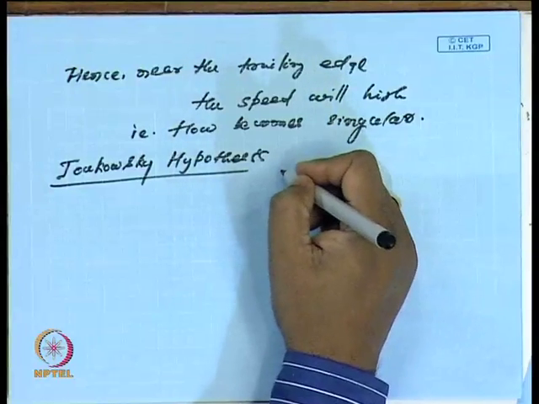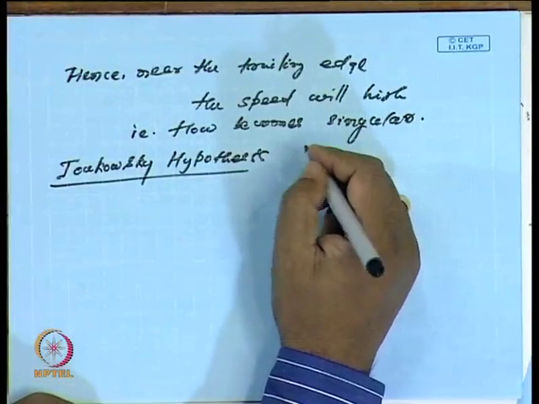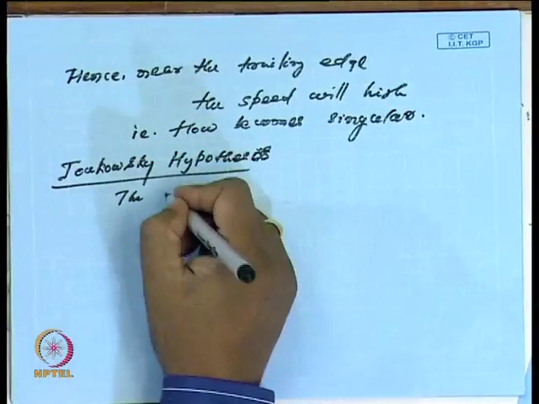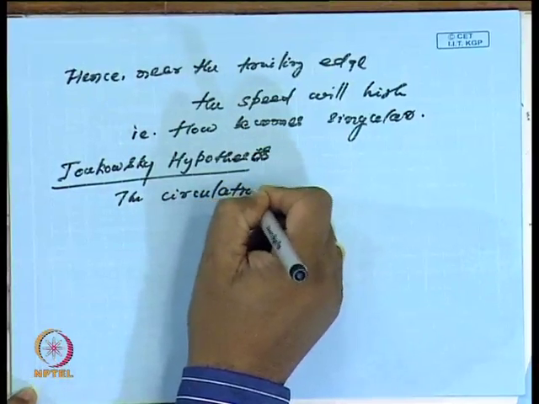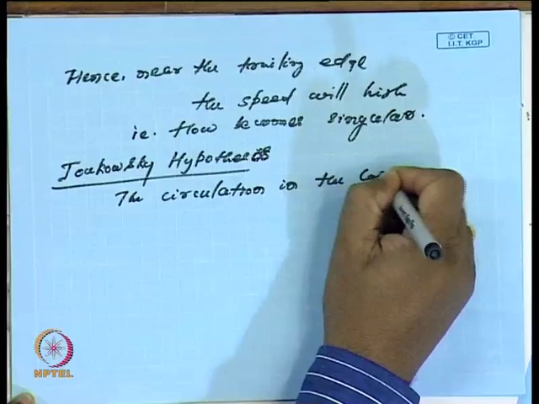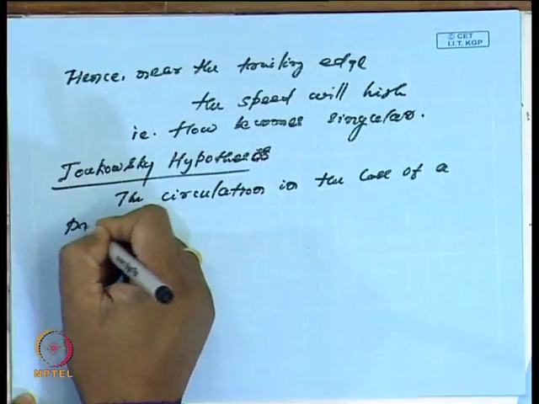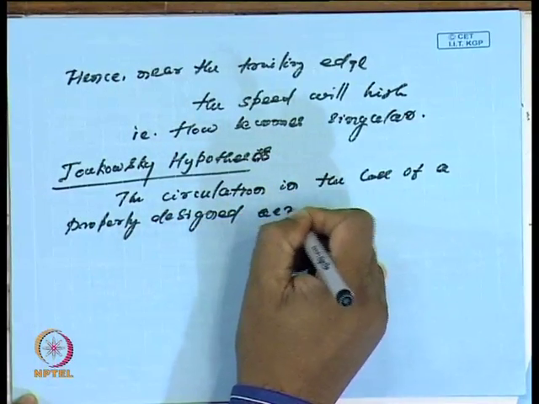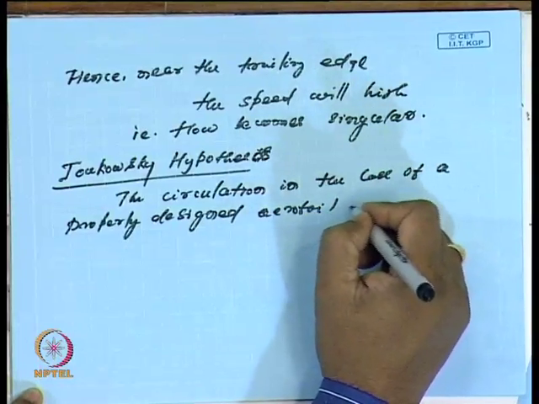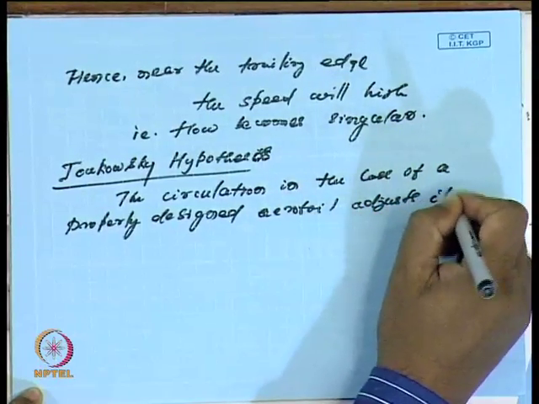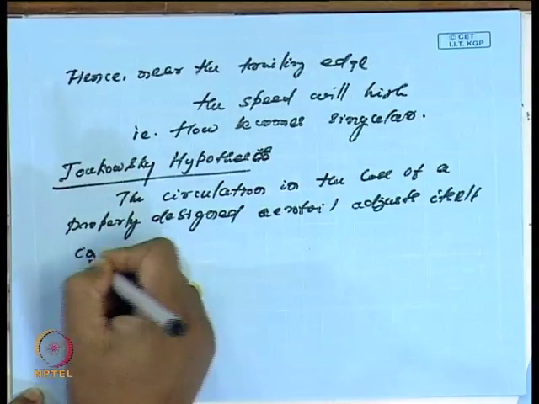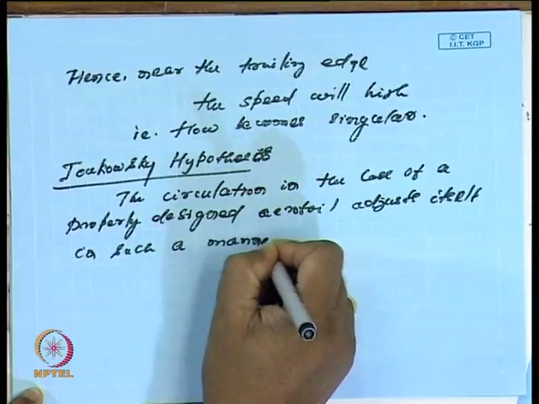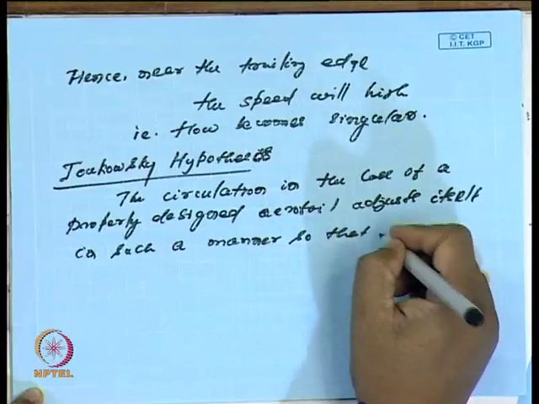The Joukowsky hypothesis says that the circulation, in the case of a properly designed aerofoil, adjusts itself in such a manner so that B is a stagnation point.